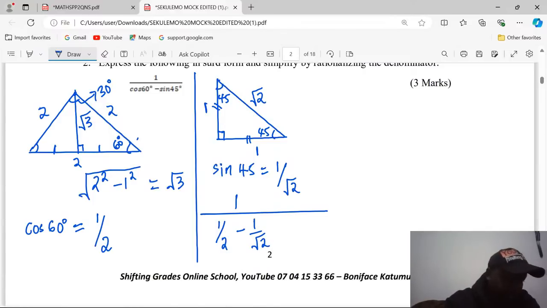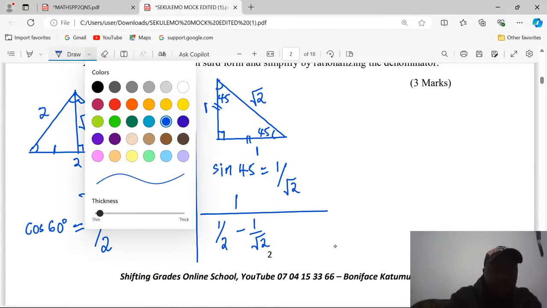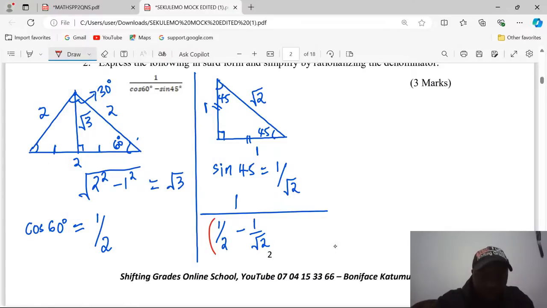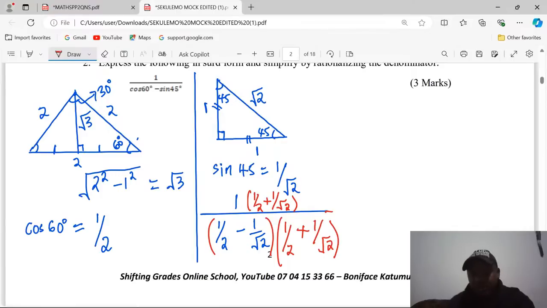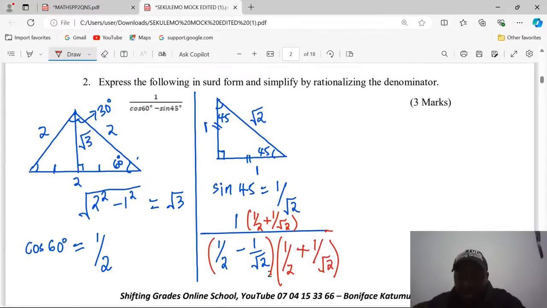When you have written it this way, to proceed in the solution you need to multiply the denominator by its conjugate, and also the numerator by the conjugate of the denominator. The conjugate will be half, with the minus now becoming a plus. Then we also multiply the numerator by the same, half plus 1 out of the root of 2. Now we can simplify.